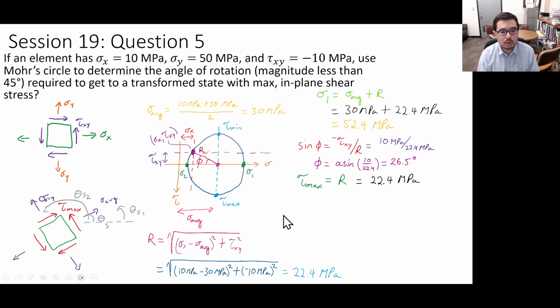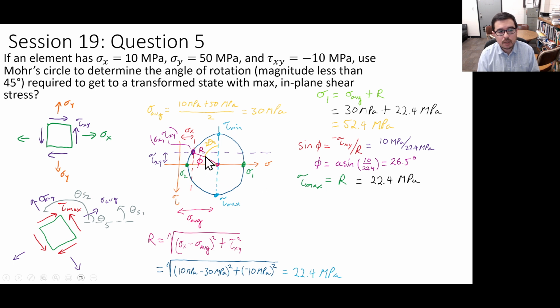So let's go ahead and think about this rotation that's necessary. Once again, we're going clockwise, which is going to be a negative rotation of the material element, or negative rotation on Mohr's circle. And we'll say that this is 2 theta s to go from this radial vector with sigma x, tau xy here, to a sigma x prime where we have tau x prime y prime equal to the tau min.